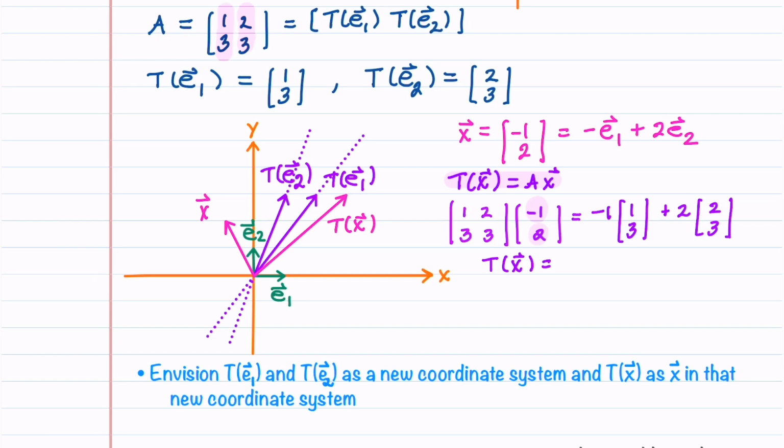This shows us that T of x is -1 times T of e1 plus 2 times T of e2. Geometrically, we can envision T of e1 and T of e2 as a new coordinate system. That coordinate system is shown by our dotted purple lines in our figure. And then we can envision T of x as x in that new coordinate system.